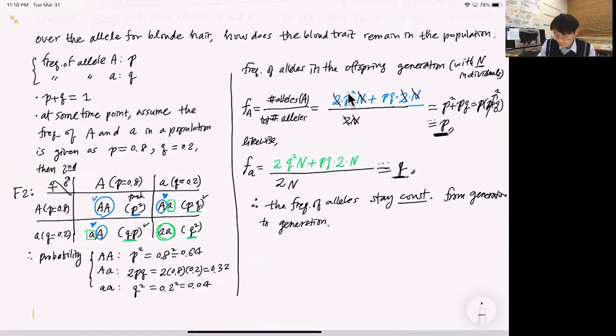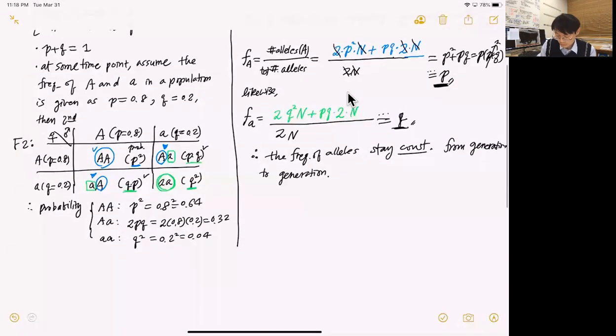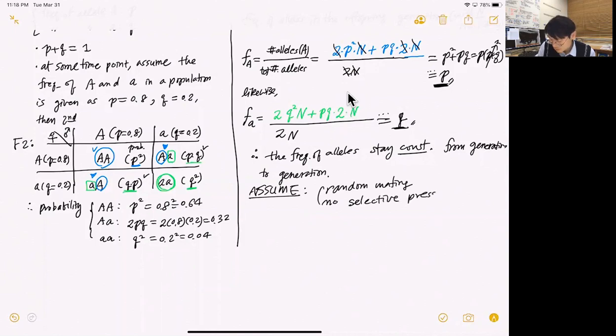This is a very interesting thing. Here we have to note that there is an assumption: we are assuming random mating, so there is no specific force or selective pressure involved. That's when this holds true.